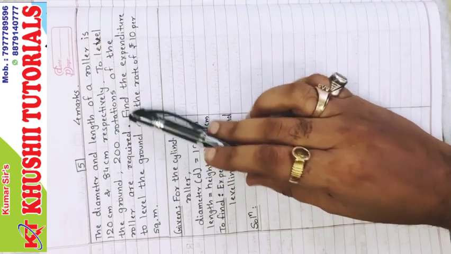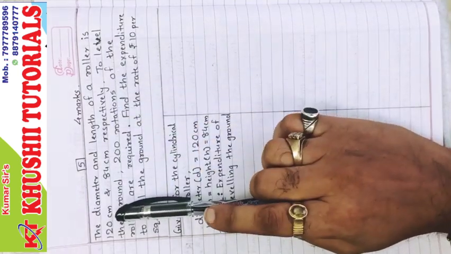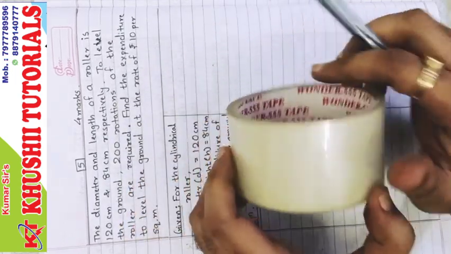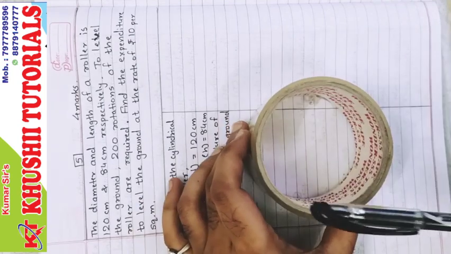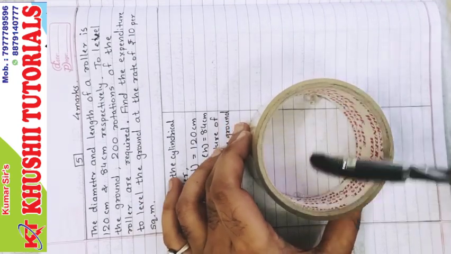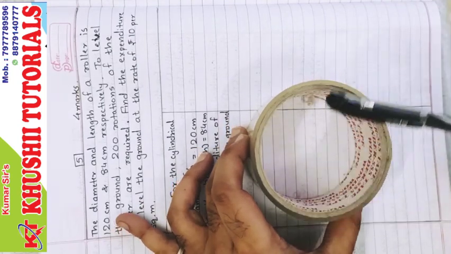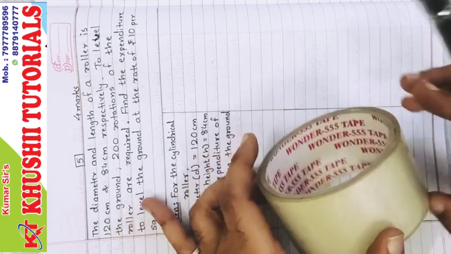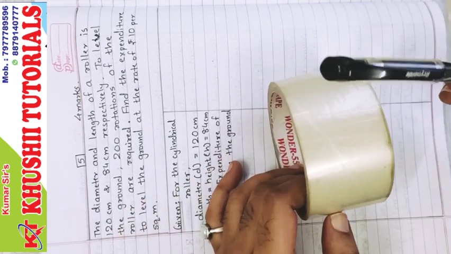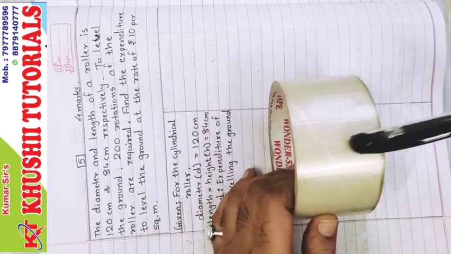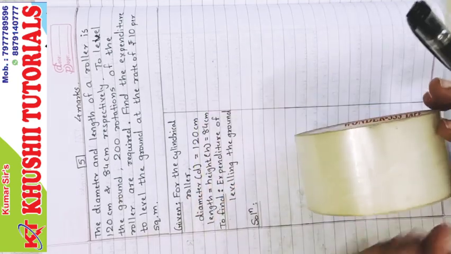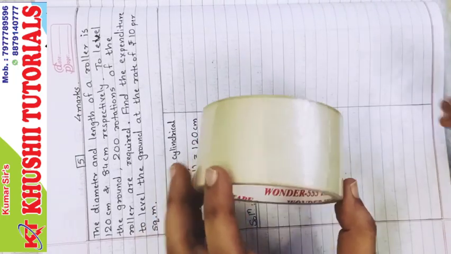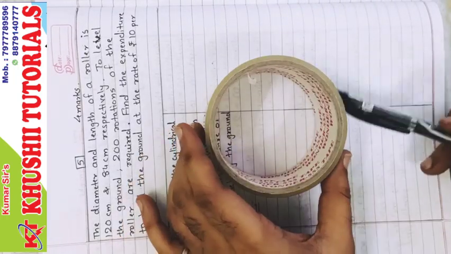The diameter and the length of the roller is 120 centimeter and 84 centimeter respectively. We will assume this is a roller in which diameter is given 120 centimeter, and this is the diameter definitely, and length means height of the roller, because the roller moves like this so it is said to be length, but when you keep it vertical it becomes height.